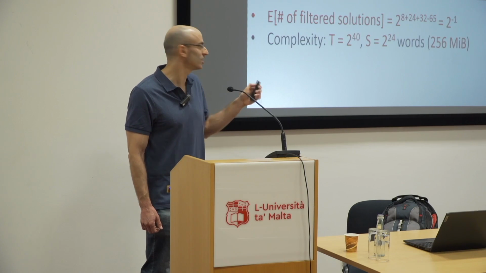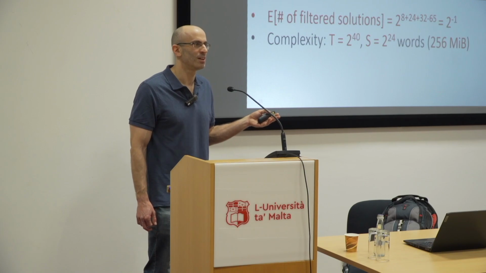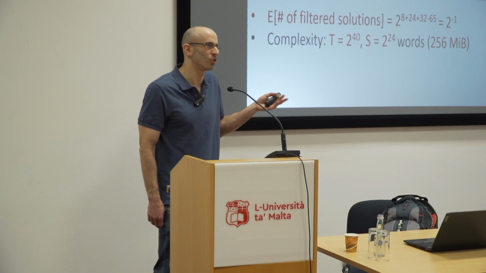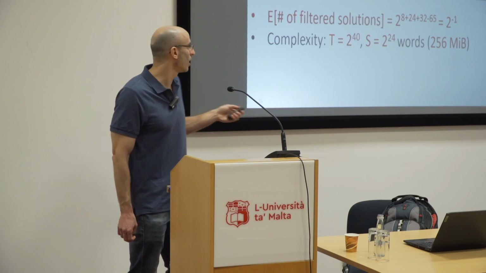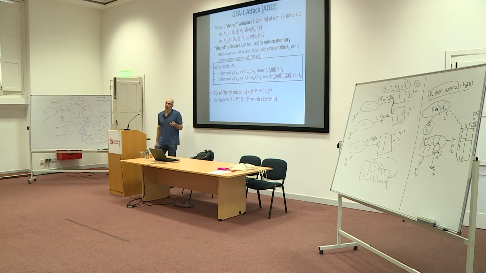It should be +1 really, because the right solution always survives; it cannot be eliminated. Here we're counting how many parasite solutions you would have on average, and the number is half. So most of the time we won't have any parasite solution, and we only get the right solution. Okay, makes sense. Thanks.